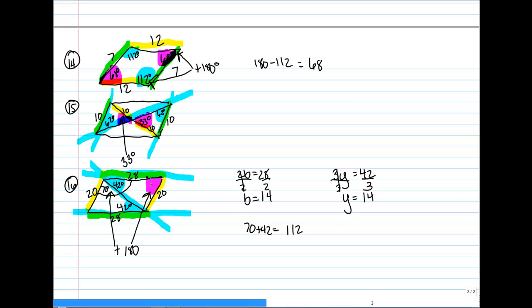So for the pink one, we do 180 minus 112, which is 68. So this pink part is 68. But it says 4x, so 4x is equal to 68. Divide by 4, and x is 17.